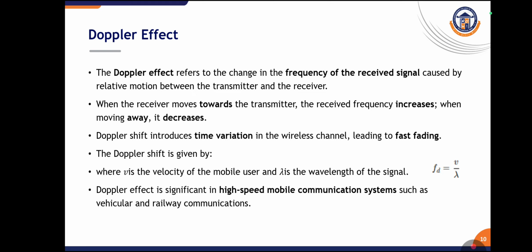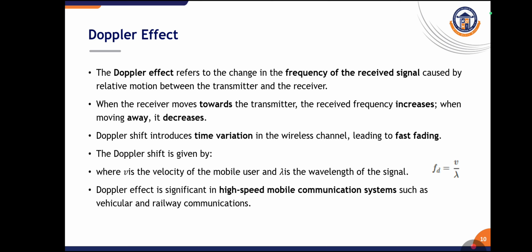And next one is the Doppler effect. The Doppler effect refers to the change in frequency of the received signal caused by relative motion between the transmitter and the receiver. When the receiver moves towards the transmitter, the received frequency increases. When moving away, it decreases. This is the main effect of the Doppler effect.